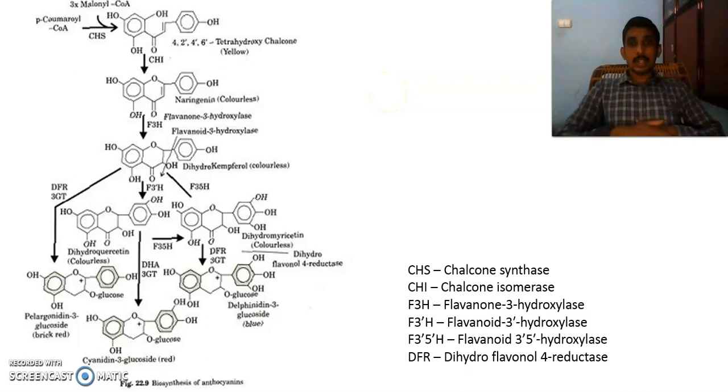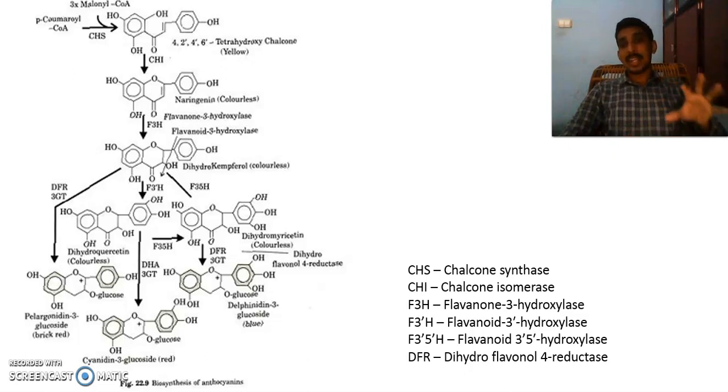So here you can see the biosynthetic pathway starts with the condensation of malonyl coenzyme A with the help of chalcone synthase, which gives tetrahydroxychalcone. That compound is a yellow colored pigment.